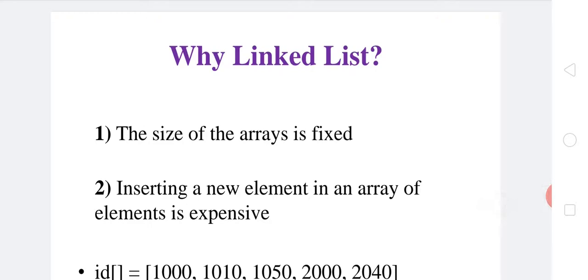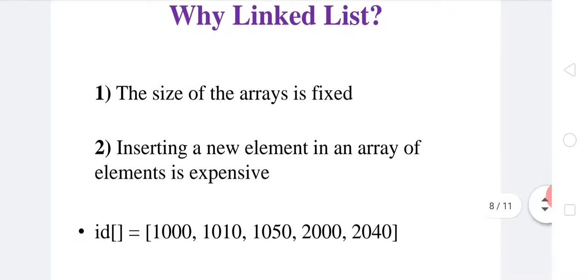Now we can see a new point, why linked list. An array can be used to store linear data of similar types, but arrays have some limitations. The first one is that the size of the array is fixed. So we must know the upper limit on the number of elements in advance. Also, generally the allocated memory is equal to the upper limit, irrespective of the usage.